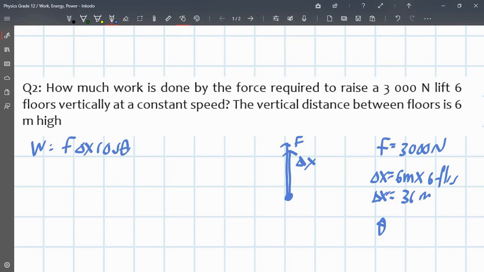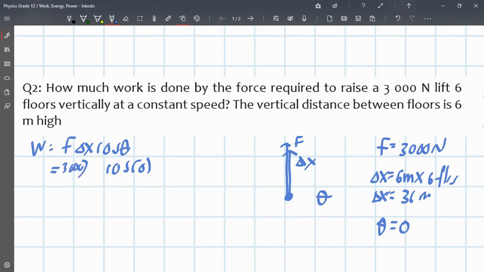So what is the difference? What is your theta, where theta is the angle between the force and displacement? In this case, it will be equal to 0. So you might think automatically work done is equal to 0, but that's not true, because cos of 0 degrees is actually equal to 1.